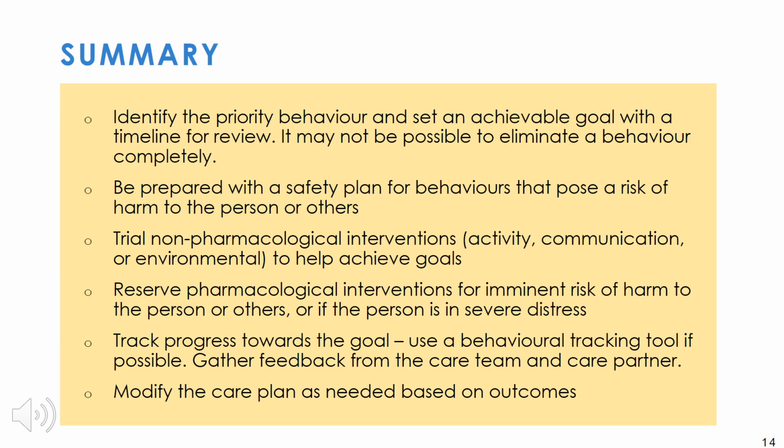Reserving pharmacological interventions for imminent risk of harm to the person or others, or if the person is in severe distress. Tracking progress towards the goal by using a behavioral tracking tool if possible, and gathering feedback from the care team and care partner. And modifying the care plan as needed based on outcomes.